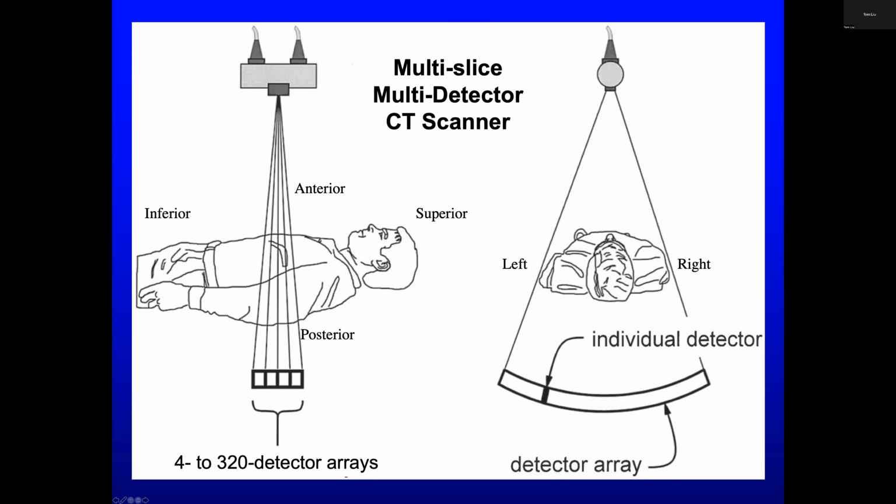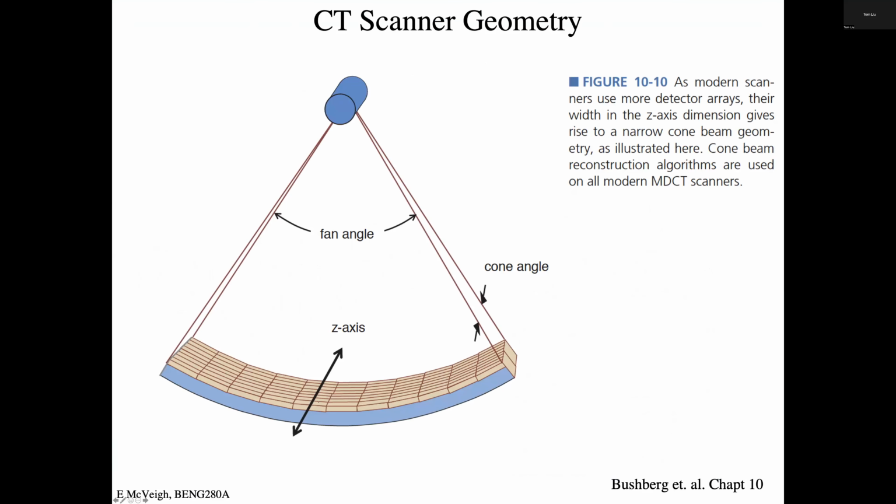And so finally you get to a case where now most scanners are about 1,000 detectors this way and somewhere between 64 to 320 this way, right? So you basically have a 2-dimensional picture that you're sampling for each position of the source and the detector, which is usually called the gantry.